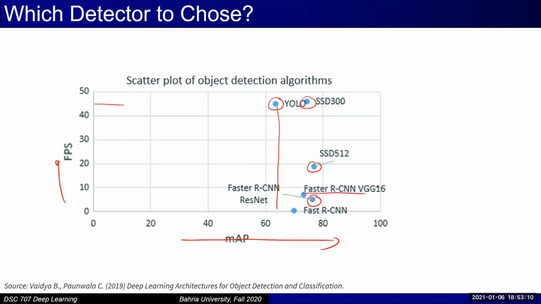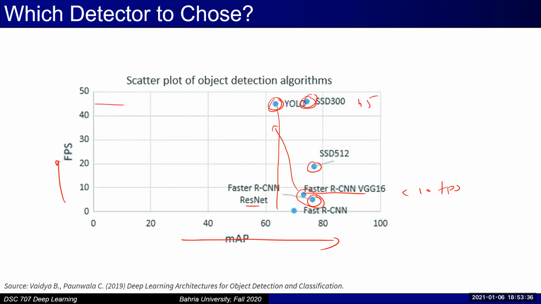You see Faster RCNN, which is trained on ResNet, and this one is on VGG. In terms of accuracy, they are beating it, right? But in terms of speed, sorry, not performance, this is 45 frames per second, and this is even less than 10 frames per second. So if you want to go for real time, maybe you should pick this or this.